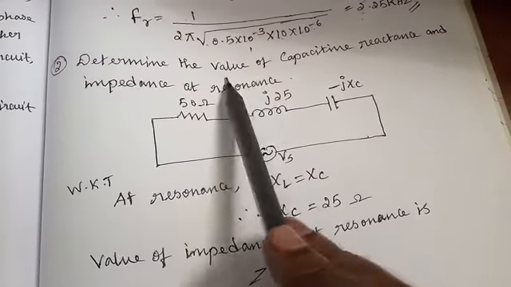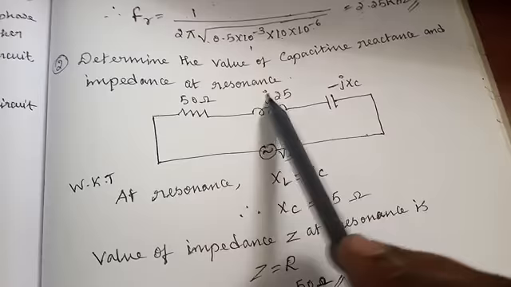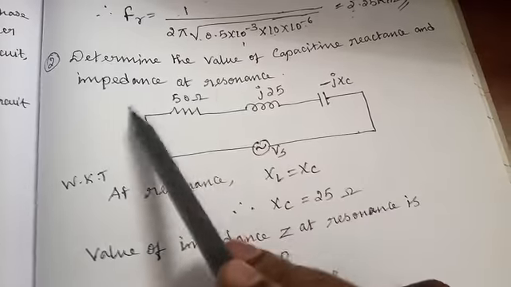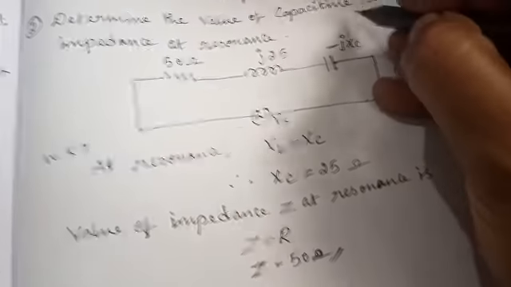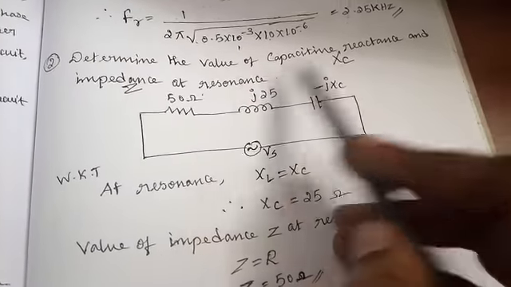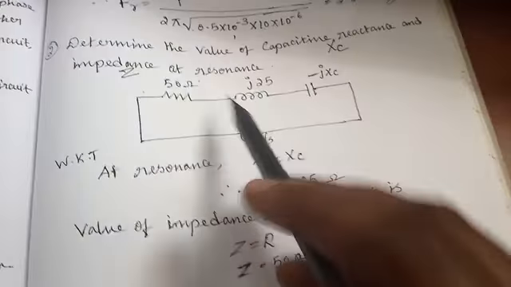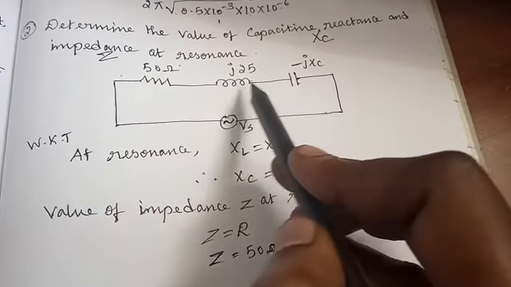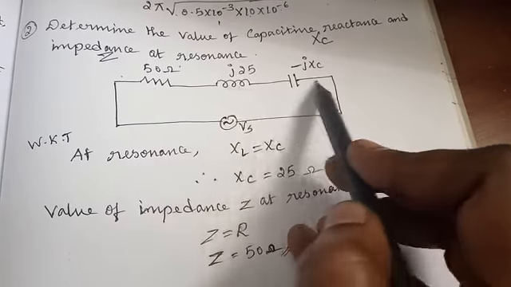Determine the value of capacitive reactance and impedance at resonance. At resonance, they are asking for XC and the impedance Z. This is the circuit given, where the R value, XL value and XC value are mentioned.